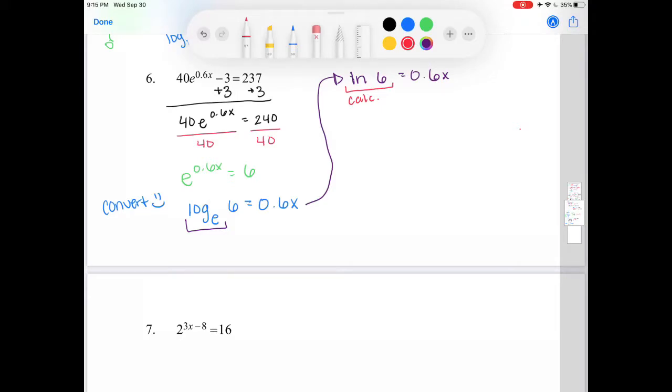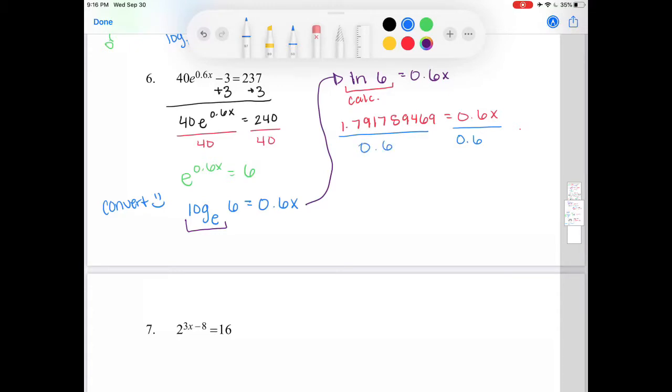You have a natural log button on the calculator, so you'll type ln, or you'll just put ln, plug in a 6, hit enter, and you'll get 1.791759469. Okay, I write all the values out until the very end because you shouldn't round in the middle of your work. You should round at the end of your work so that you don't get misconstrued answers. All right.